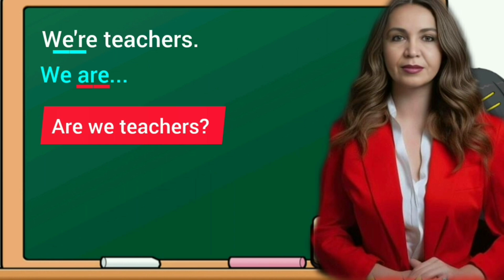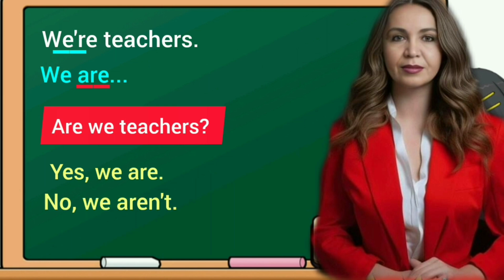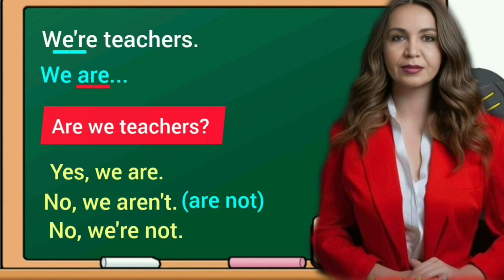So the be verb is coming in front. Answer will be yes, we are. No, we aren't. We aren't is a contraction of are not. The last answer could be no, we are not.